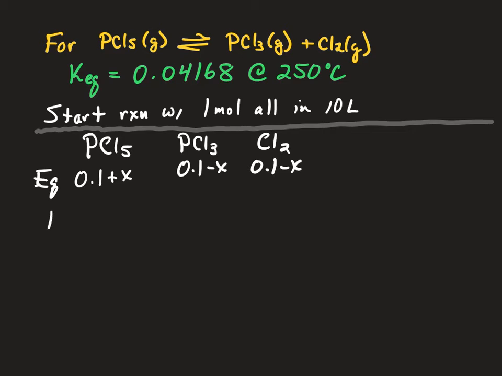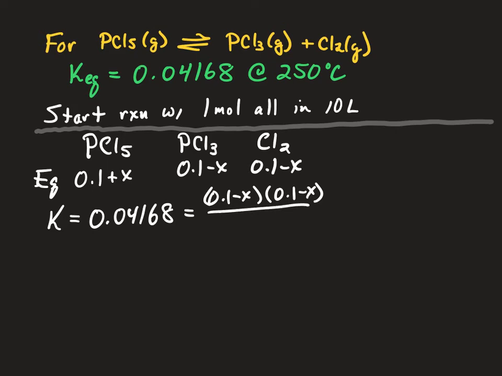Our equilibrium constant was 0.04168, and that's going to be equal to our concentration of phosphorus trichloride, which is 0.1 minus x, our concentration of chlorine, which is 0.1 minus x, and our concentration of phosphorus pentachloride, which is 0.1 plus x, right?